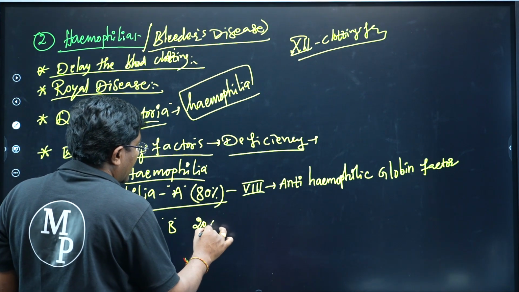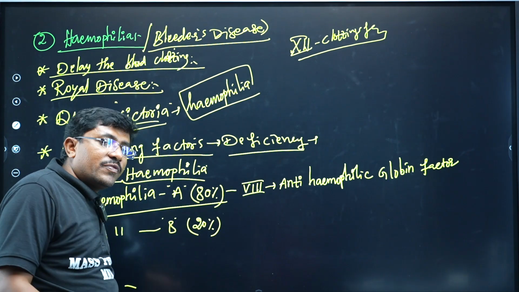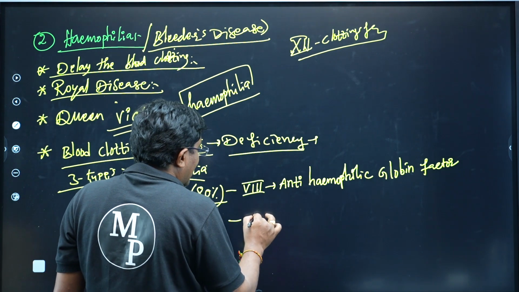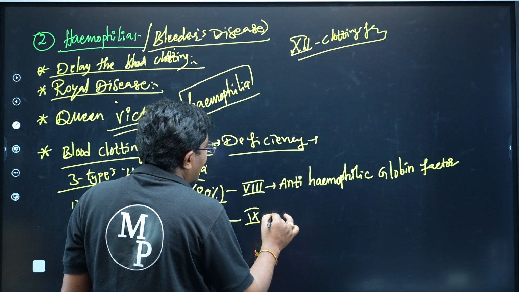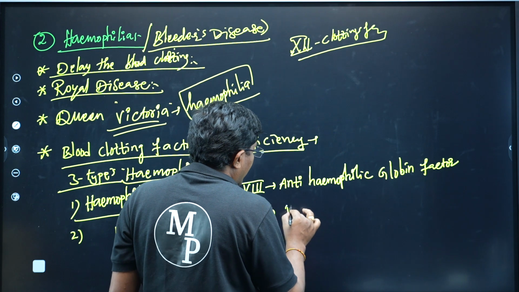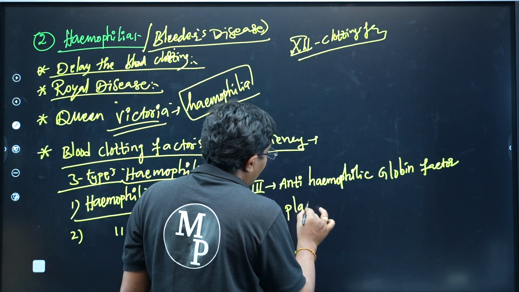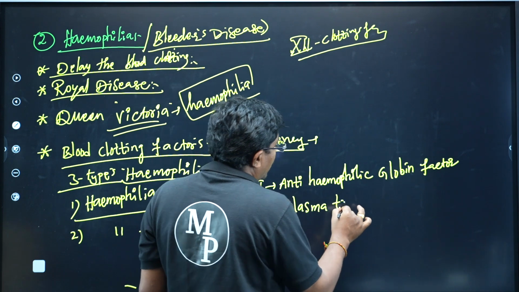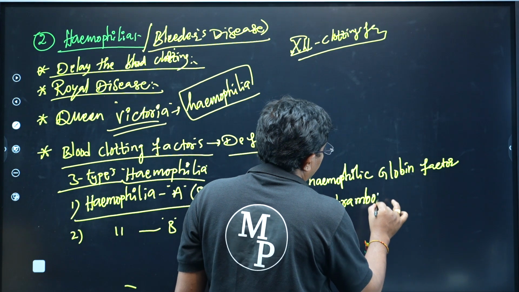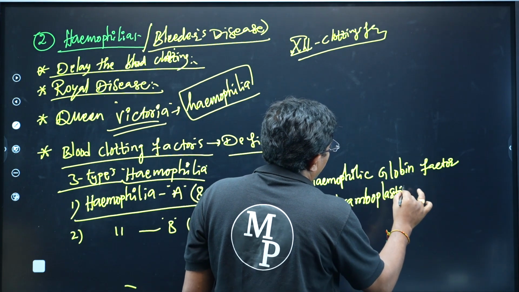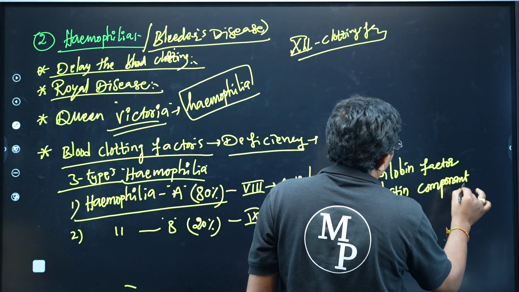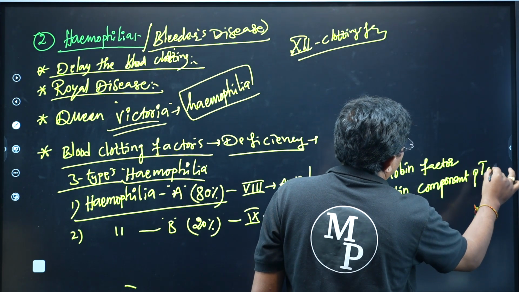20 percent of hemophilia patients suffer from hemophilia B. It is the deficiency of the 9th clotting factor, that is plasma thromboplastin component, PTC.